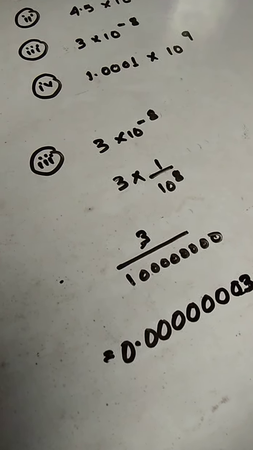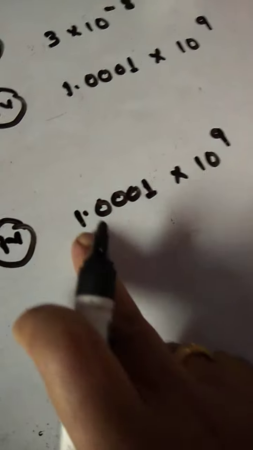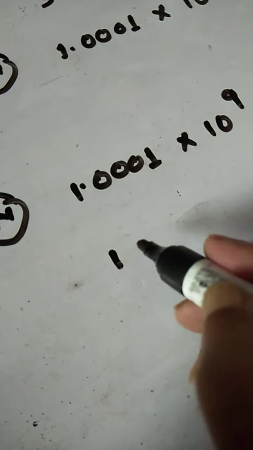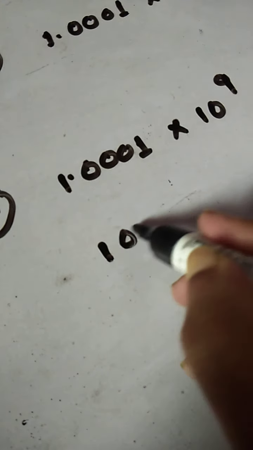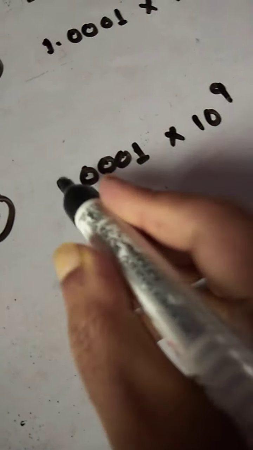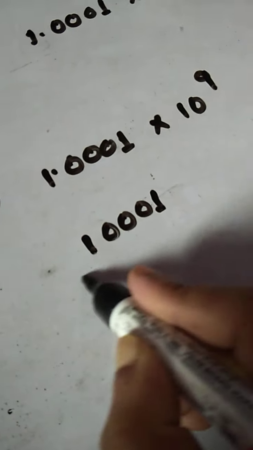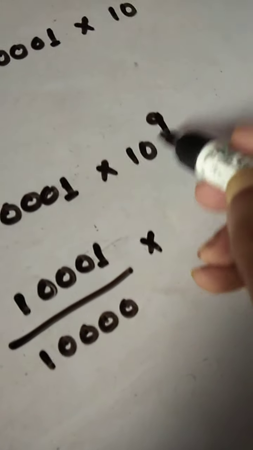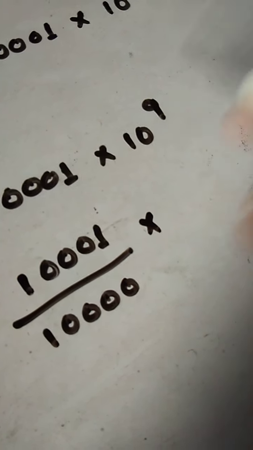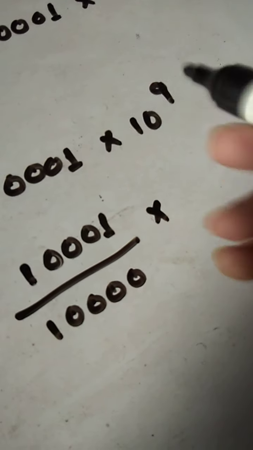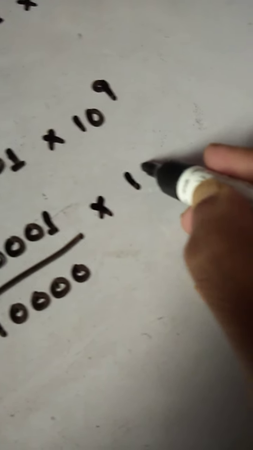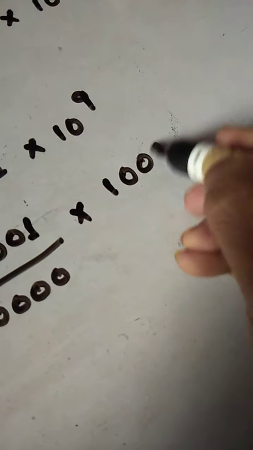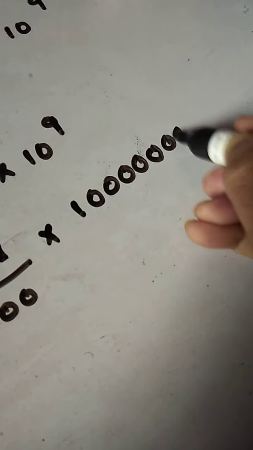Now let's move on to sum number 4. This is again given in decimal form, so let's convert it into fractional form. After the decimal, how many digits are there? 4, so we'll put 4 zeros like this. And this 10 is carrying positive 9, so we do not need to take the reciprocal. So we'll write 9 zeros: 1, 2, 3, 4, 5, 6, 7, 8, 9.